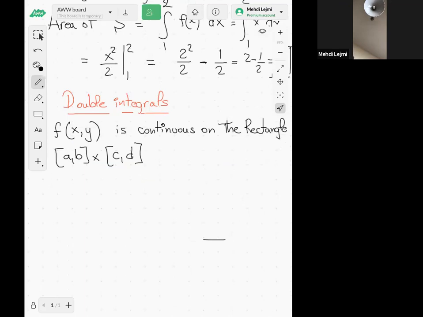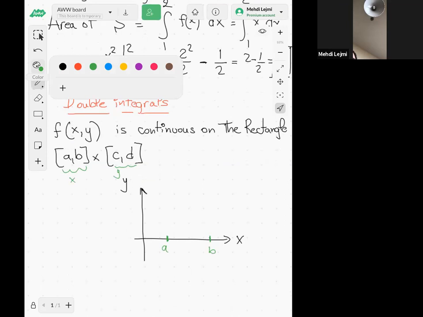This is my, let's say, x axis, this is my y axis. First I have the interval AB on the x axis, and this interval CD is on the y axis, right? So when I say AB times CD, that will be this rectangle here.